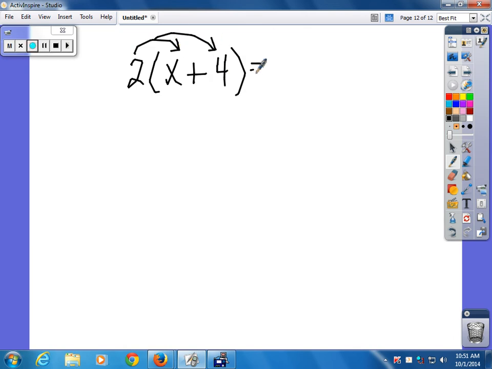What's this law called? No, that's called the what? Distributive law. What operation do you use when you do the distributive law? Multiplication.